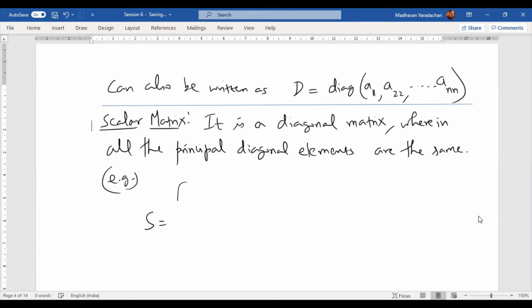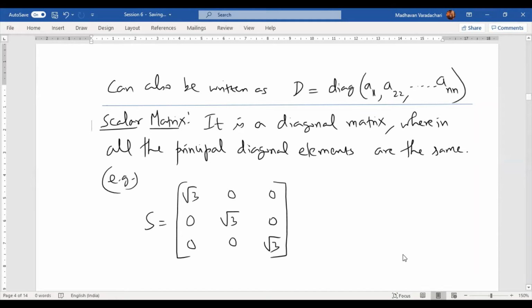S equal to √3, 0, 0, 0, √3, 0, 0, 0, √3. This is a 3 by 3 matrix, 3 rows, 3 columns, but other than the principal diagonal elements, everything else is 0.